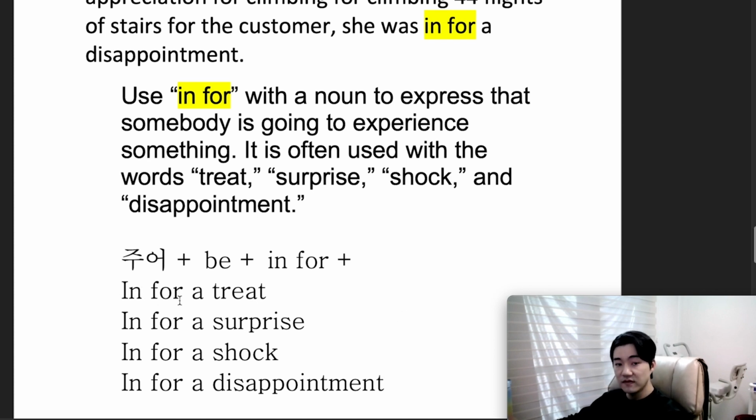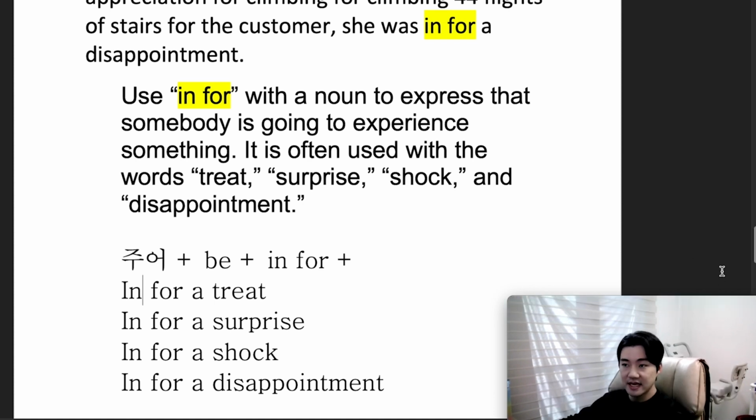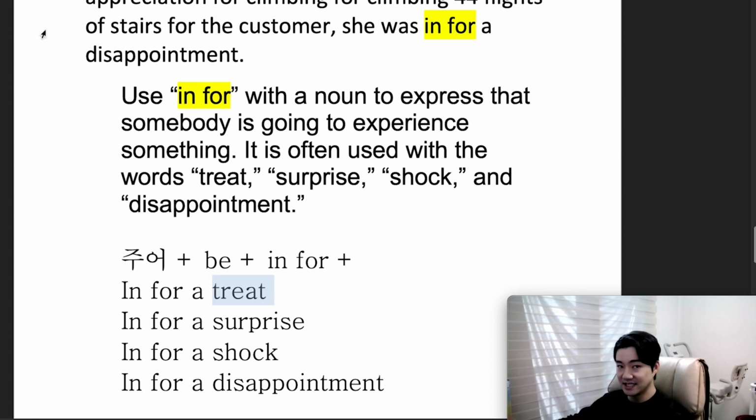Okay, so in for a treat, in for a surprise, in for a shock, in for a disappointment. So if I say in for a treat, it's like saying like 죽일 수 있는 or 기대해도 좋은. Treat does not mean 간식 in this situation. In other situations, like would you like a treat? 간식 줄까?